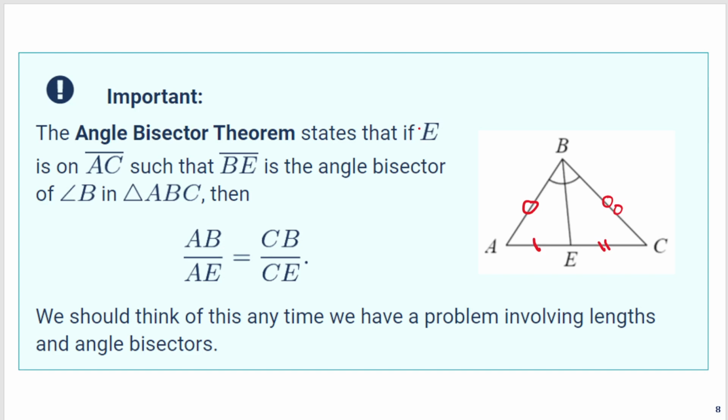You get it? Also, you should think of this anytime you have a problem involving length and angle bisectors. I'll give you 1 minute to write this down, and we'll have a look at an exercise after this.